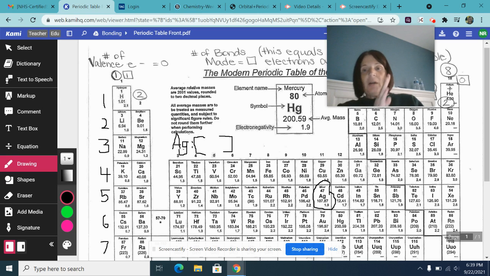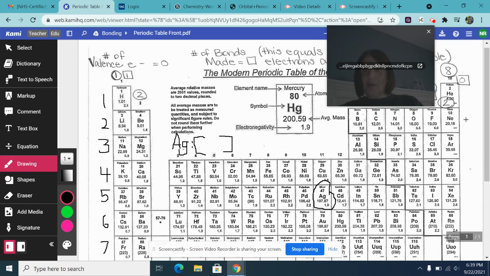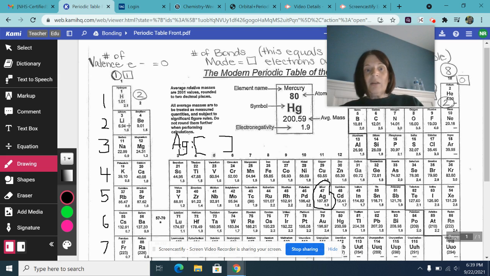As we go across the periodic table from left to right, different elements are going to gain all of the things that they need to make a complete and stable electron configuration. But because the noble gases are on the far right, they're the only family that has that. So we have to choose an element from that family to go in the brackets.